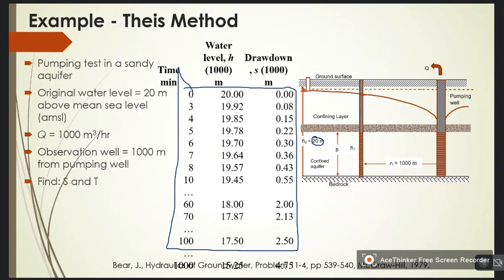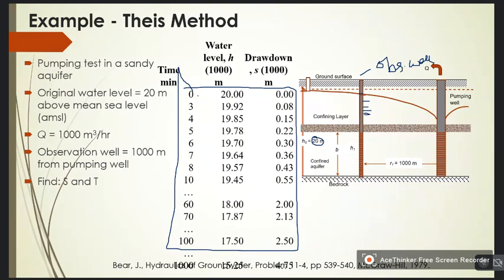Now, what happens when you start pumping? Initially, the water level is here for some time. Next time, it will be here. Further time, like that, it goes on reducing in the observation well. So the data that is given here corresponds to the observations in the well.